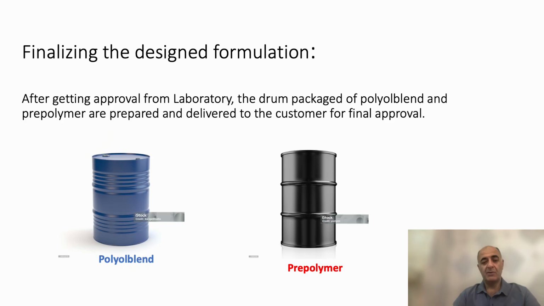Normally the polyol, because of the lower density, weighs between 200 kg to 210 kg, and the prepolymer, because of the higher density of the isocyanate, weighs between 240 to 245 kg, depending on the density of the polyol and prepolymer.